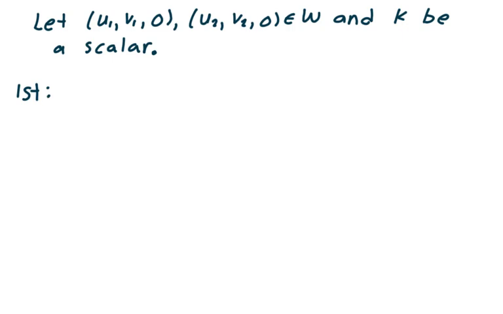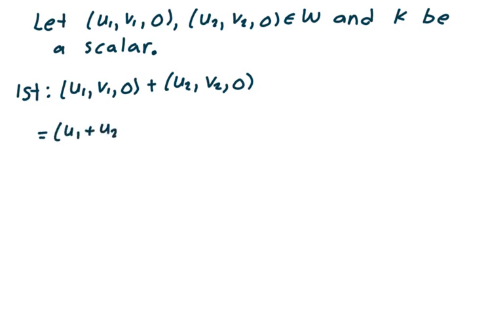So we're going to add up those two vectors. So let's take the vector (u1, v1, 0) and add the vector (u2, v2, 0).